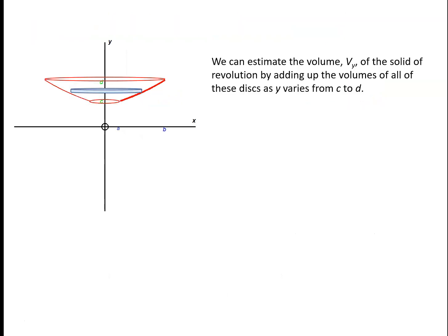To obtain an estimate of the volume Vy of the solid of revolution, we need to add up the volumes of all of these little disks, as y varies from C to D. So we can say that Vy is approximately the sum between y equals c and y equals d of pi times x squared delta y, because the volume of each little cylinder is pi x squared delta y.